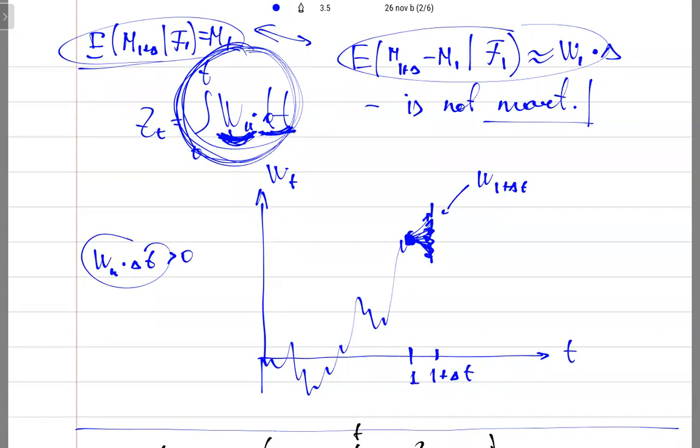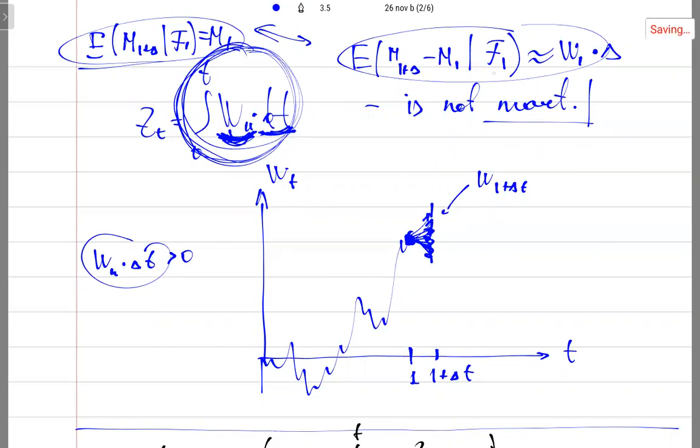Got it. Thank you. Here we have W_u times delta t greater than 0. I thought delta t is just scaling, but we still do not have knowledge about where it will go. W_u can go positive. When you check the martingale condition, you imagine that you know everything up to time s.